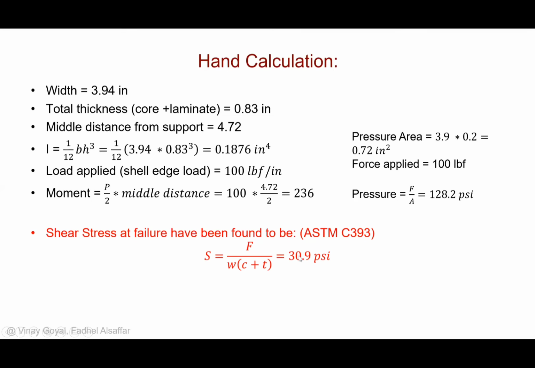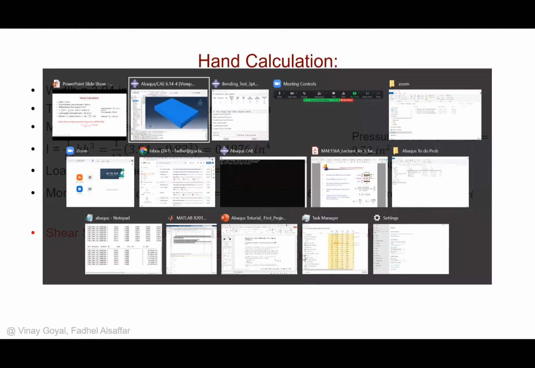So that's one of the checks to see if our results match with what we expect. So we expect to have results that are quite close to this one, 30.9 psi here in the core.